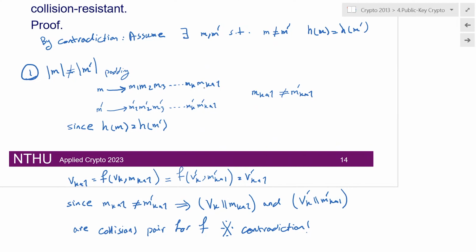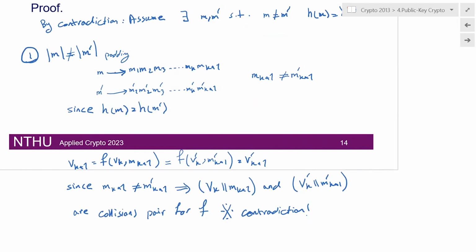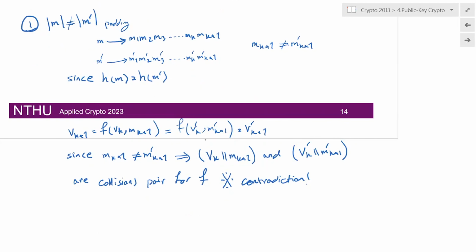What we know for sure is that the last blocks are not equal, because that one stores the length of these messages. But since the hashes of these two messages are the same, we go back and look at the iteration with that f function, where we get our hash result from the last computation.